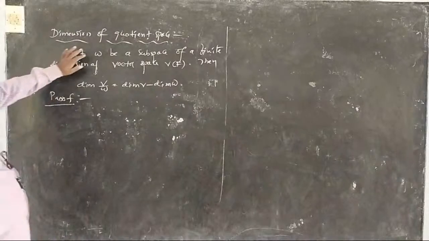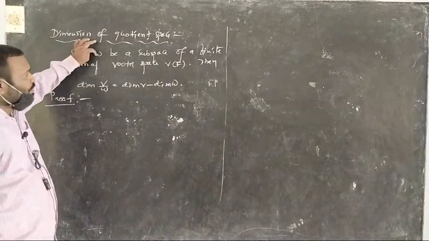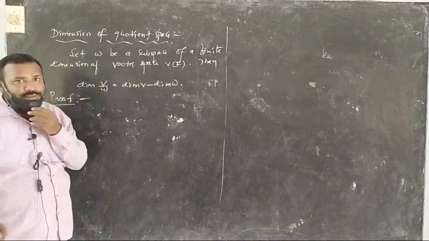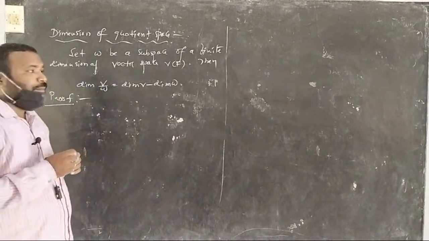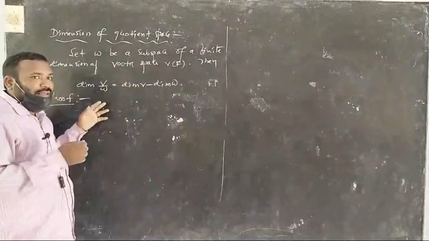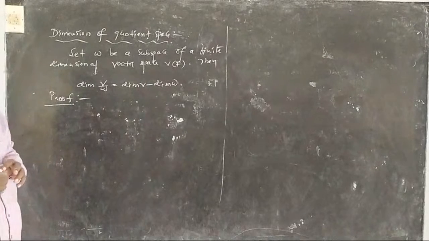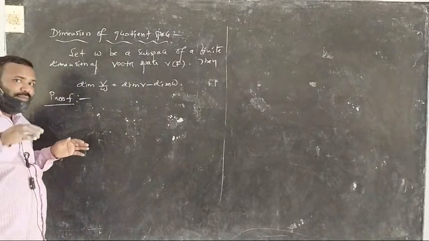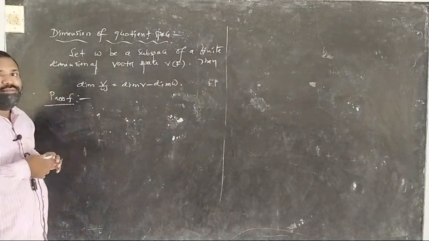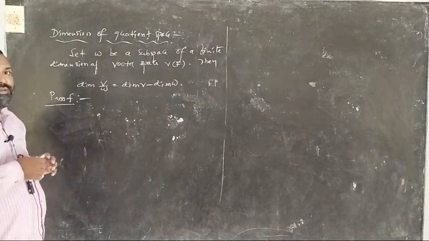Here we are given a finite dimensional vector space. What is V? V is a finite dimensional vector space. A finite dimensional vector space will have a finite basis. That is the first statement given.